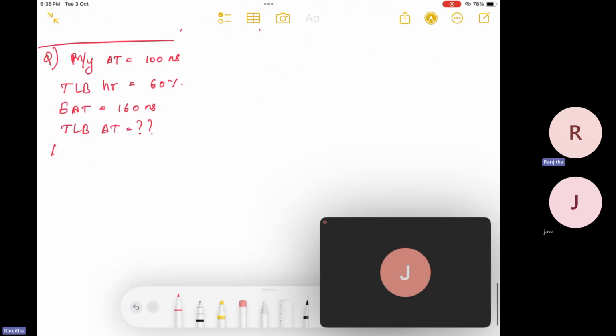So let us assume that X is the TLB access time. Now if we put it in the formula, it will be 160 equals 0.6 into (X plus 100) plus 0.4 into (X plus 200). Single level page.